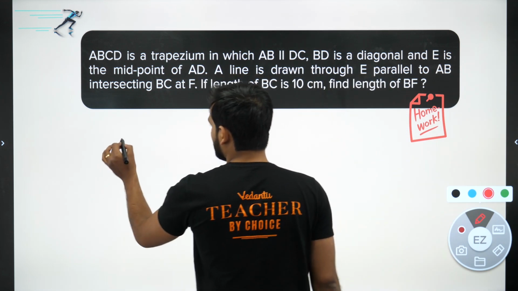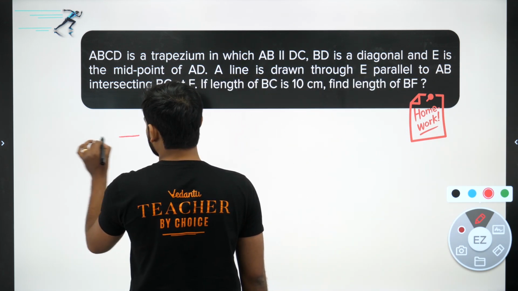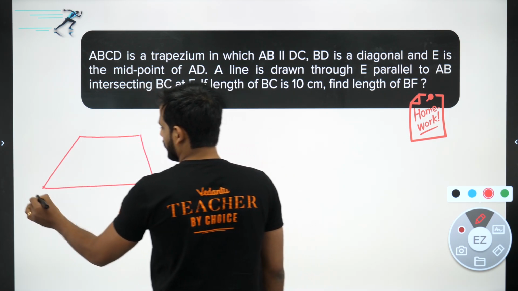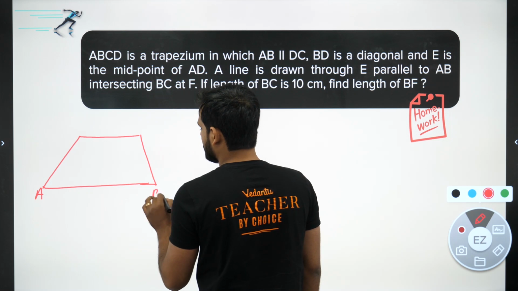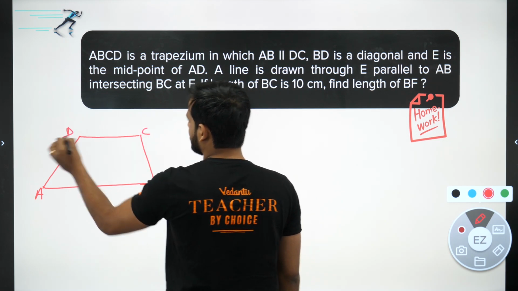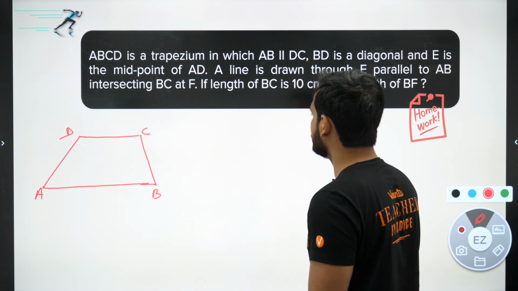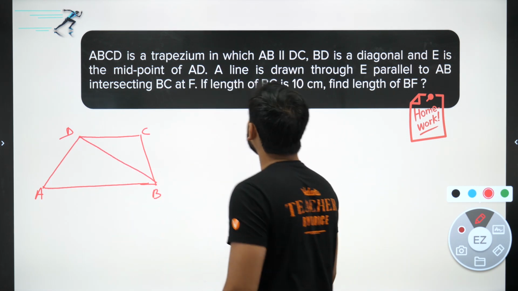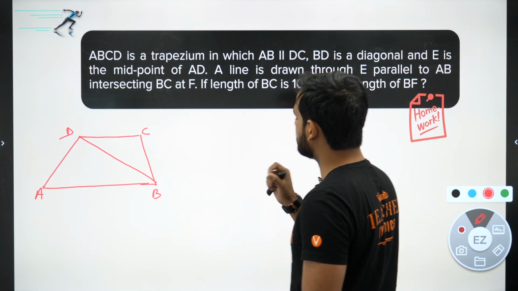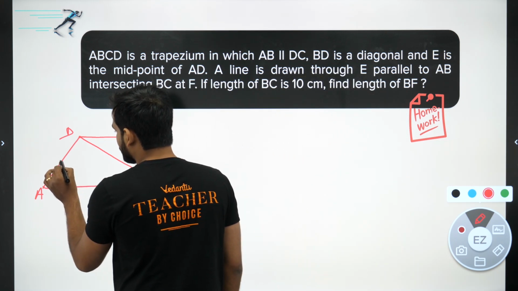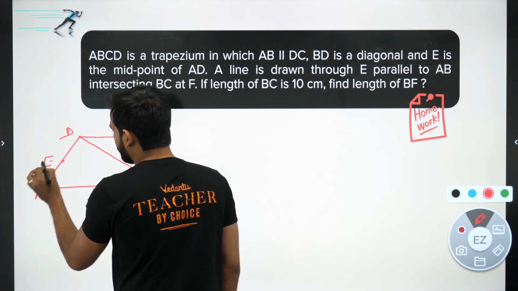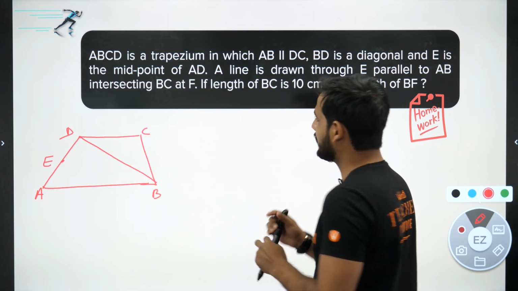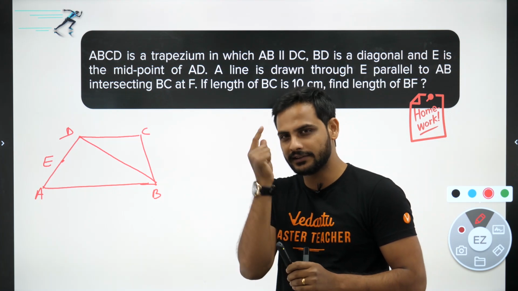So ABCD is a trapezium where AB is parallel to CD. Let us say this is your trapezium, A, B, C and D. Now, BD is a diagonal. Then E is the midpoint of AD. Remember this: whenever you think about a midpoint, get the midpoint theorem in your mind.